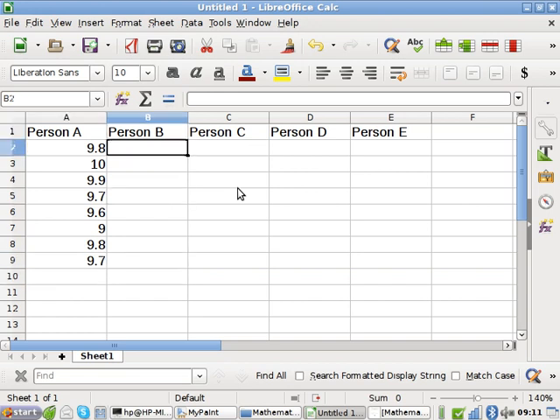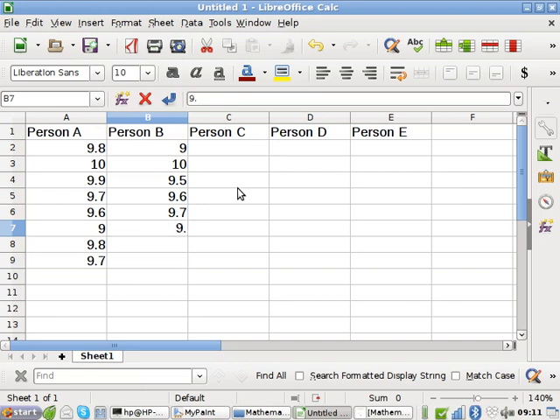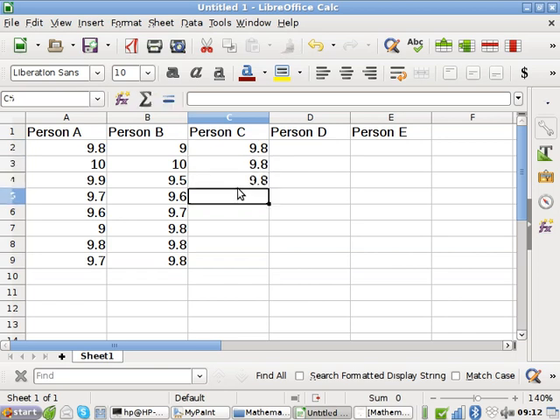And person B will say they get 9, 10, 9.5, 9.6, 9.7, 9.8, 9.8, 9.8, for example. Person C, 9.8, 9.8, 9.8, 9.9, 9.9, 9.7, 9.7, 9.8, for example.